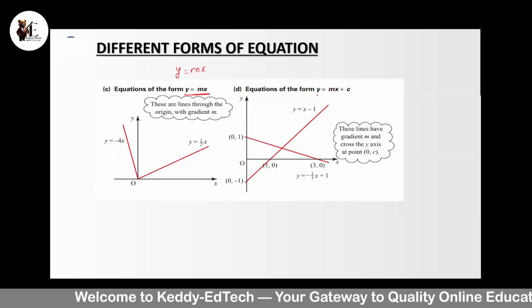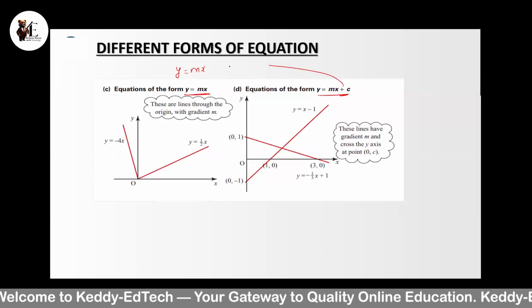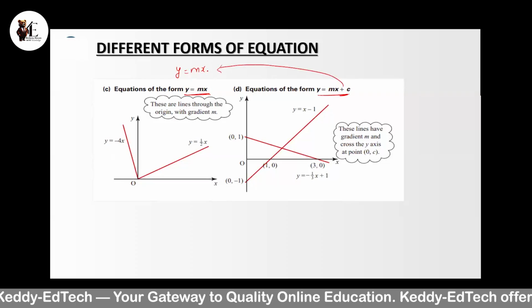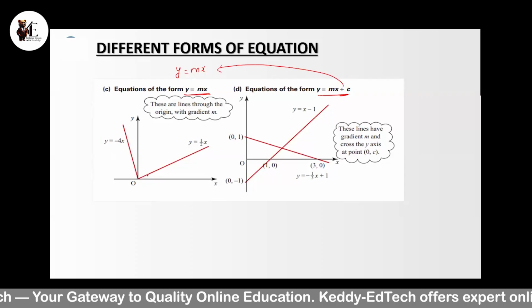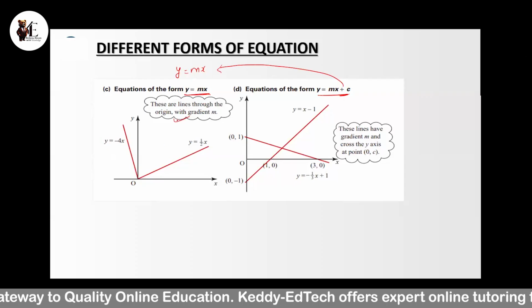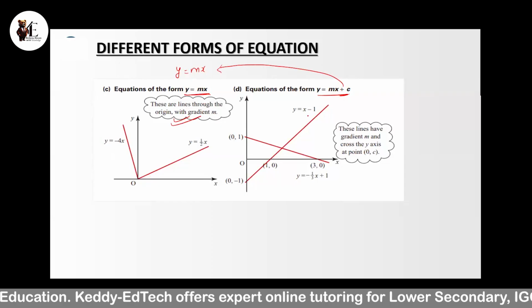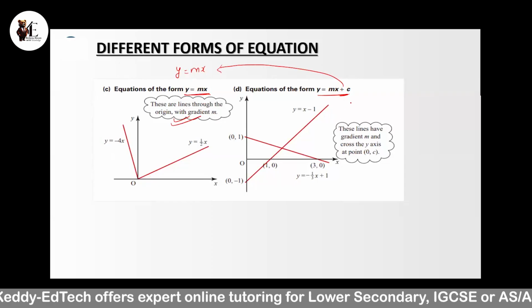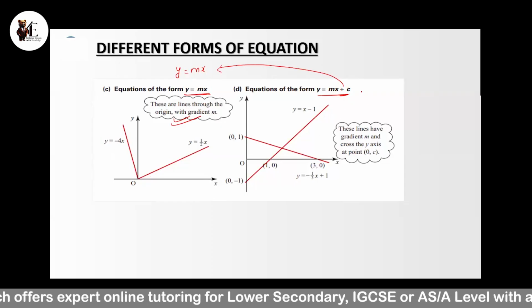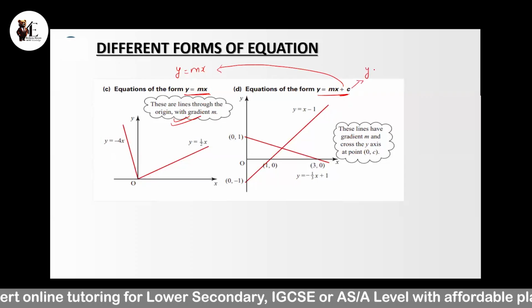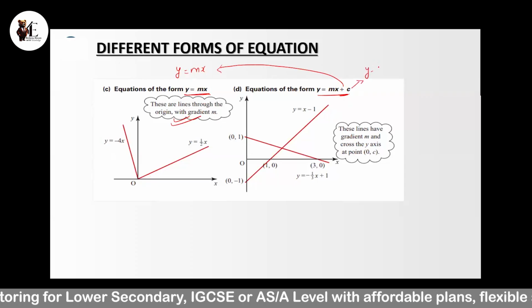In that equation, we have a y-intercept, and if the y-intercept is 0, then the graph of such an equation will pass through the origin. And if y is equals to mx plus c, then the lines will have a gradient and they will intersect at the y-axis because there is a y-intercept which is present.